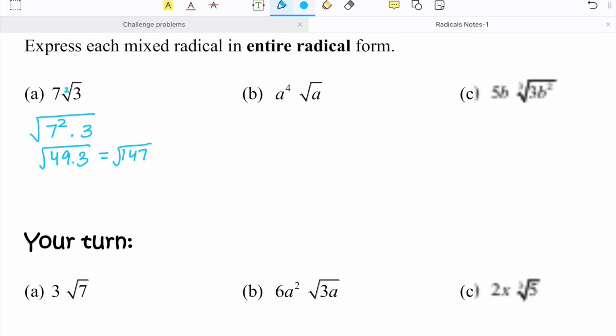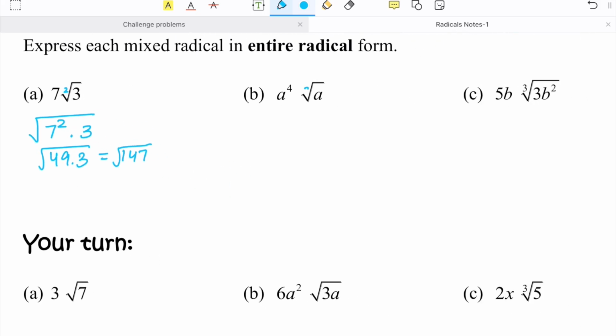Same thing over here, index is 2, so a to the power of 4 to the power of 2, a stays as it is, it's a to the power of 8 times a, which is a to the power of 9.